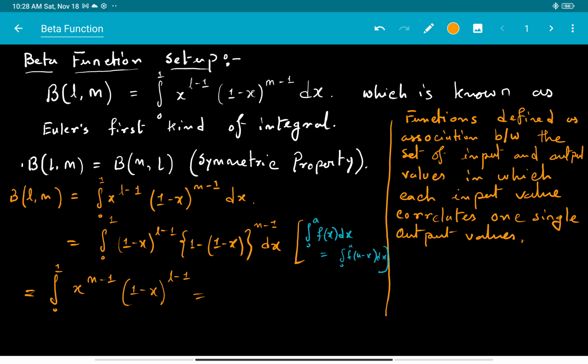So we can write beta m comma L, and we have proved that the beta function follows the symmetric property. That means it doesn't matter whether m comes first or L comes first, both are the same thing.